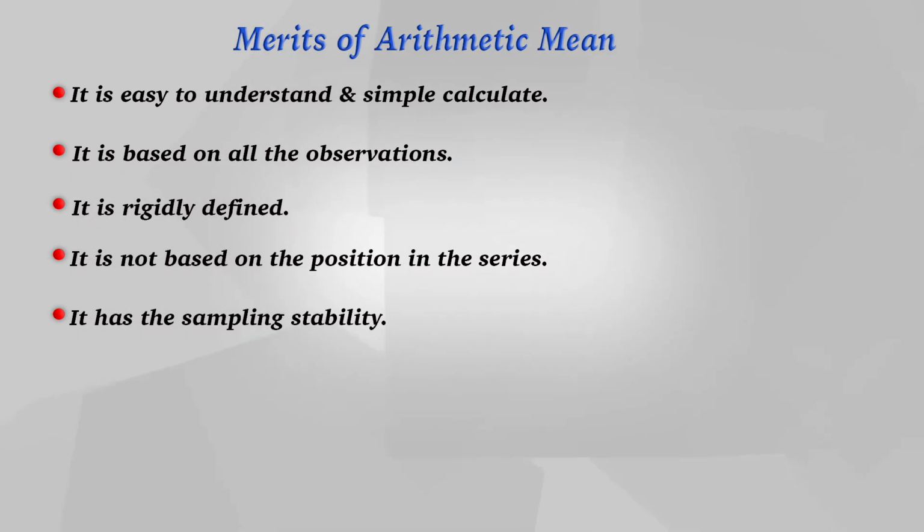Although there are different methods, which we have already discussed in our last presentations, all of them when simplified reduce to the basic formula, that is the sum of all the values divided by the total number of values.